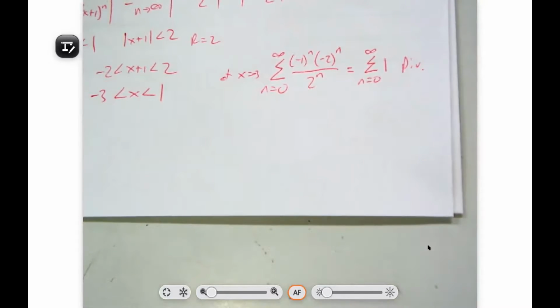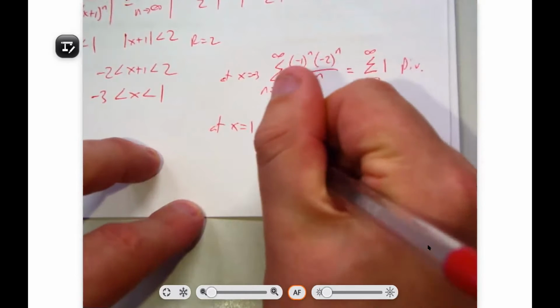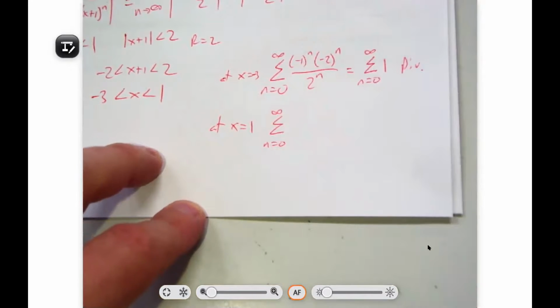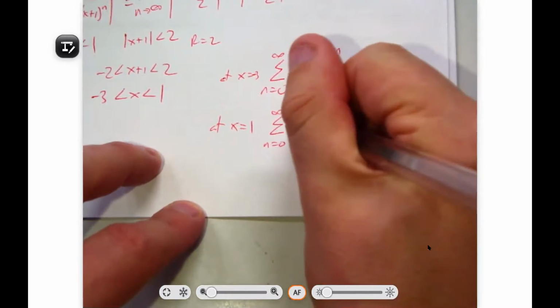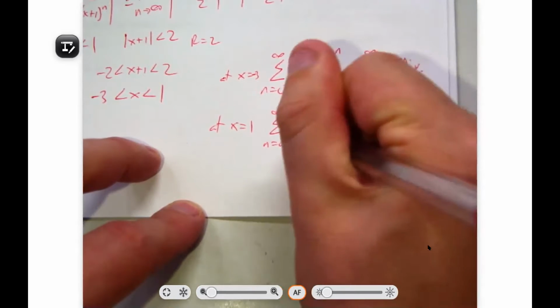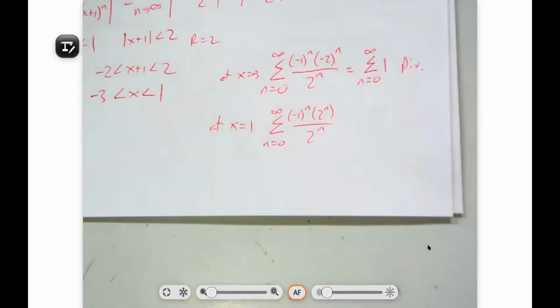We got to check 1. So -1 to the n times 2 to the n over 2 to the n. This one, those 2 to the n's just cancel.